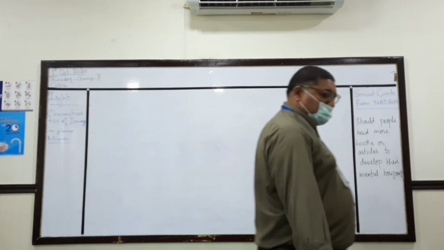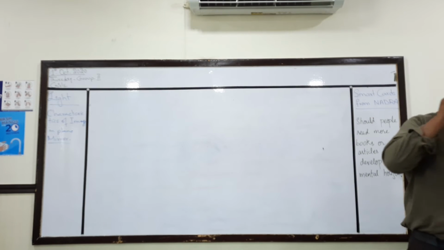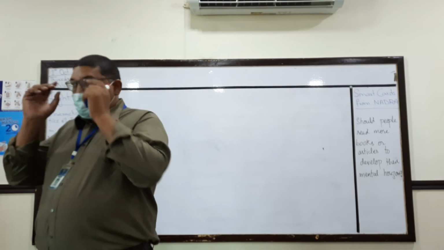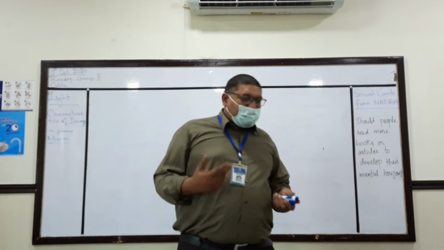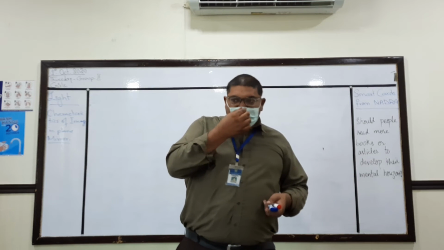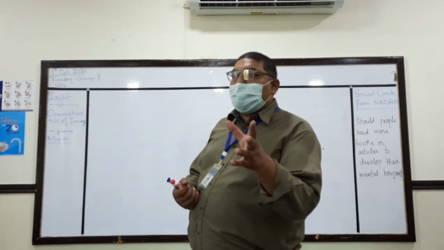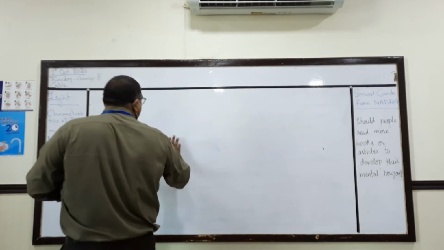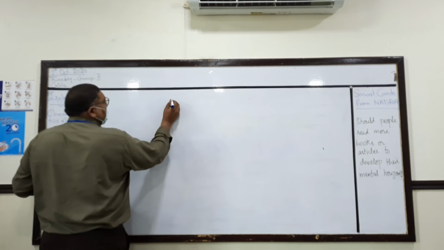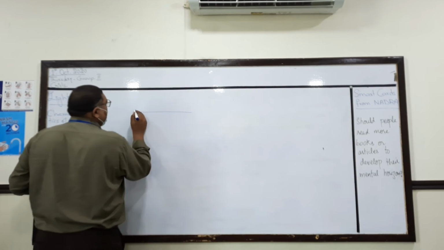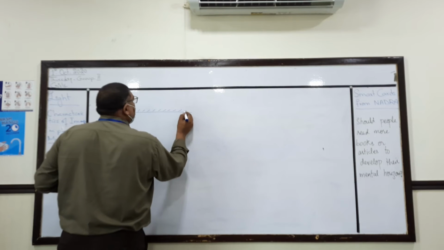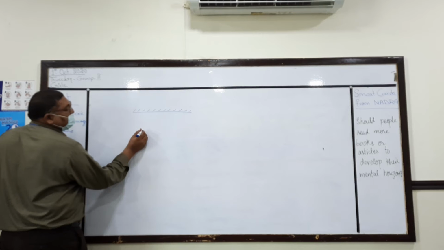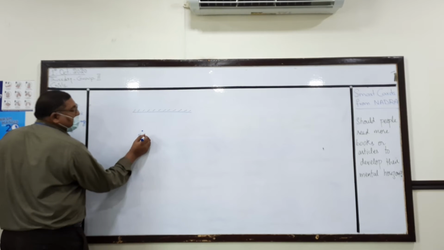So let's learn how to locate the image in a plane mirror. For example, I can show you some examples in which we will show how to locate the image in a plane mirror. Suppose here you have a plane mirror, and suppose here you have an object.